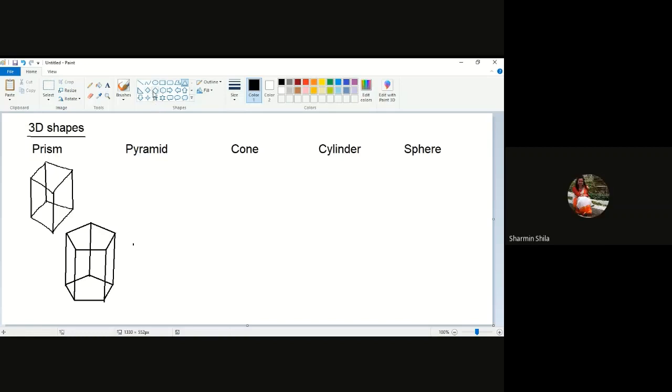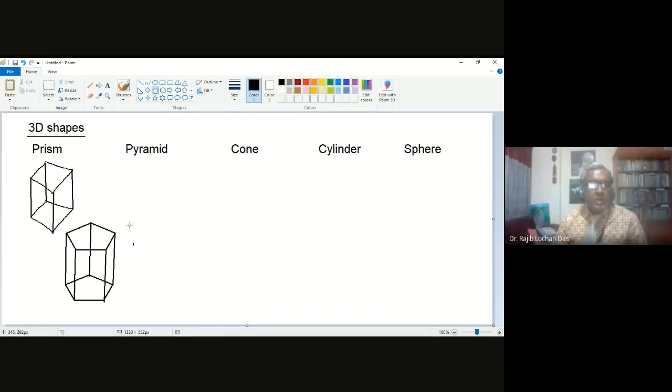Yes, sir. So the pyramid will be one shape in the floor, and there will be a point as the top. There will be one single point, and all corners will be joined with that point. From that point, all will be joined together. This is called pyramid.